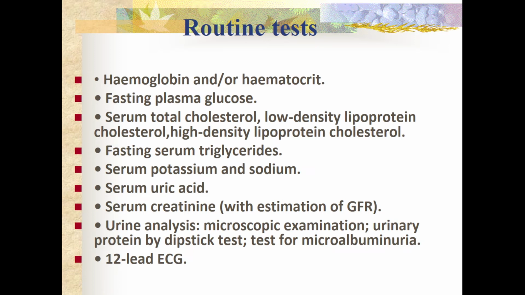In arterial hypertension, investigation includes, except physical examination, laboratory and instrumental methods. Hemoglobin and or hematocrit.